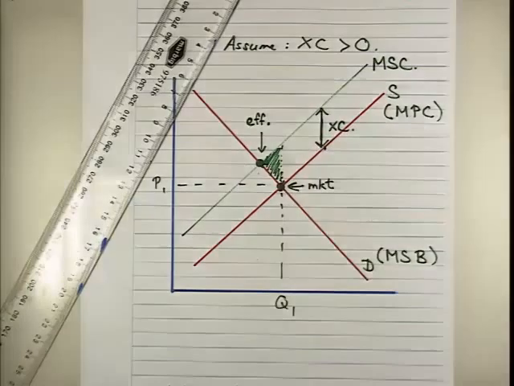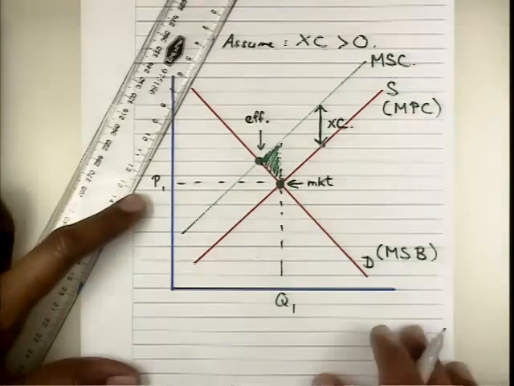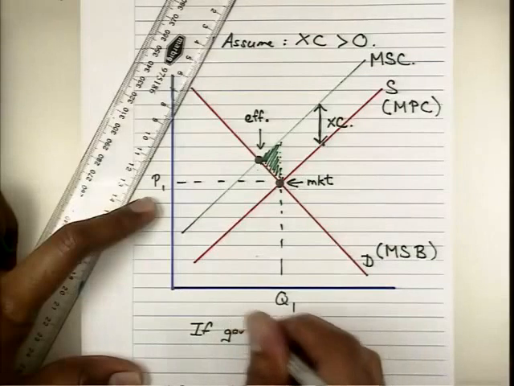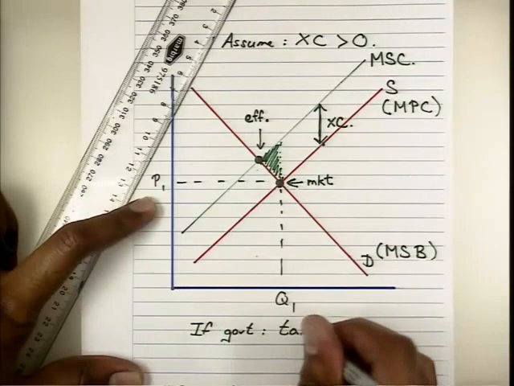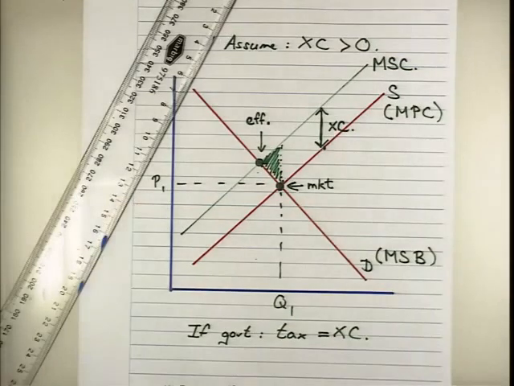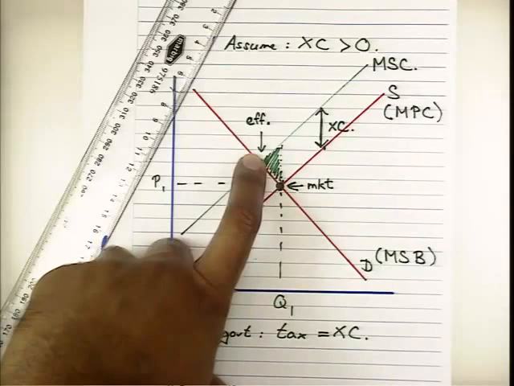Here's an example where the government can step in and help eliminate the deadweight loss by imposing what we call a Pigovian tax. If the government imposed a tax equal to the value of the external cost, it would internalize the cost for the firm and force the equilibrium to be efficient.